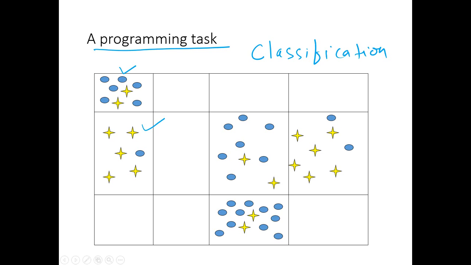One way could be to write a program which will take care of this, but then the same program cannot be used for a totally new distribution of these two spots. If there is a new classification, then you would not be able to classify using the same program. So you might have to write a new program again.